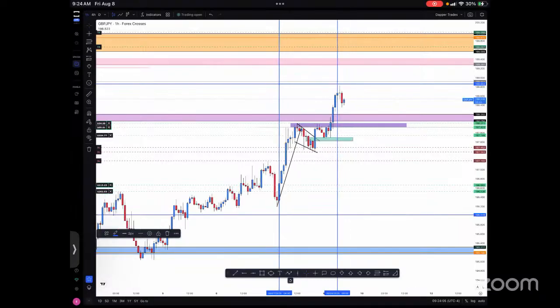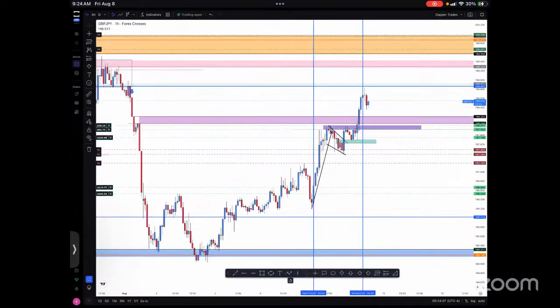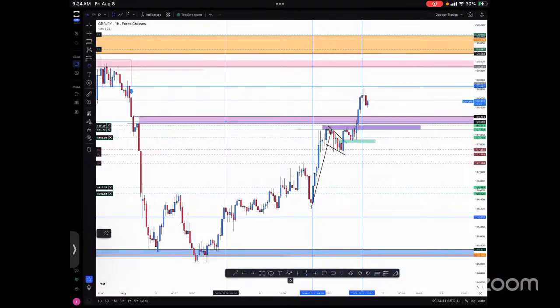So look, we broke how many resistance levels? One, two, three, four. We broke three resistance levels. Our resistance levels are the highlighted levels, where purple is and the blue arrows.